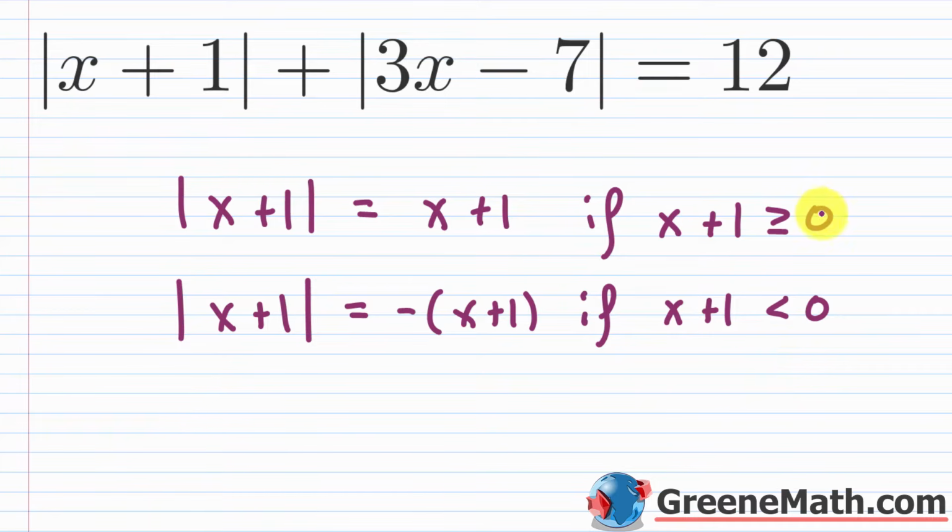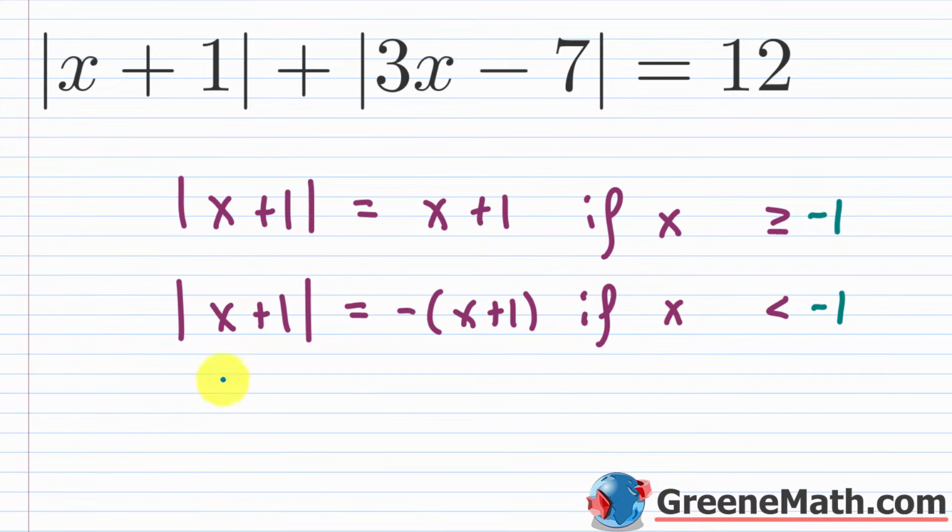Okay, so this is a simple inequality to solve. We would subtract 1 away from each side. So let me erase this and put a negative 1 on the right side of each. If x is greater than or equal to negative 1, then we could just drop the absolute value bars, right? We would just have x plus 1 as our answer.